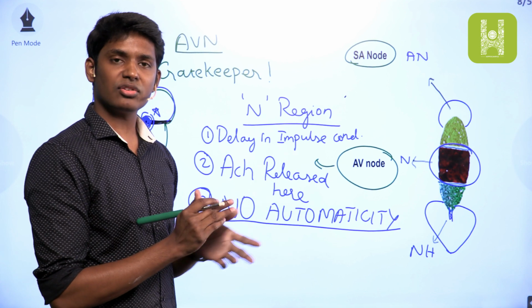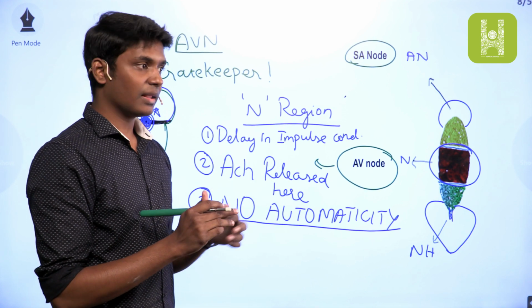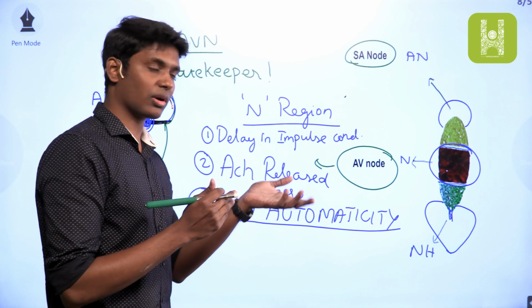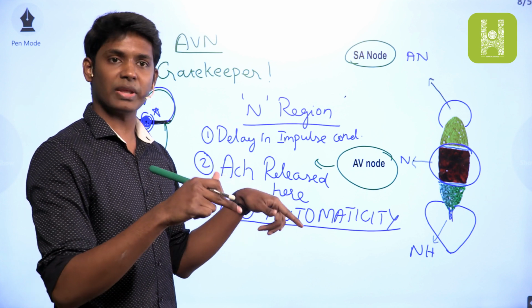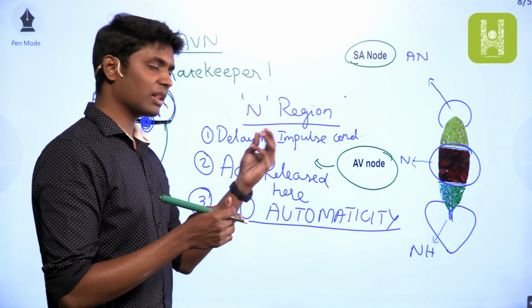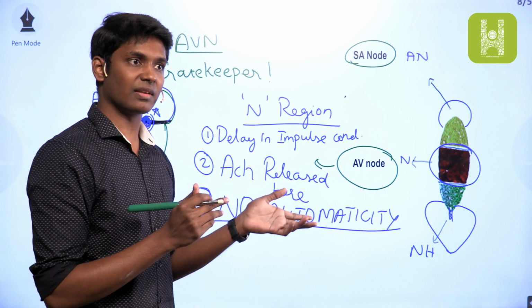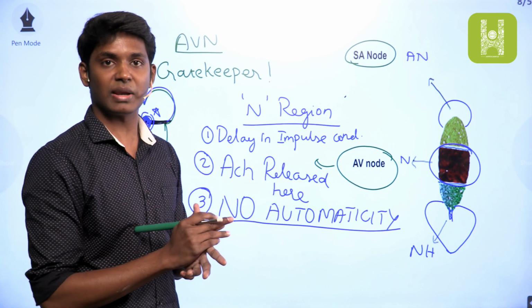So even though the sinus node doesn't produce any impulse, there will be a few other cells from different parts of the heart, like the AV node or the bundle of His or the His Purkinje system, or even the ventricular myocardium or the atrial myocardium. Anything can possess automaticity, and that can become the dominant pacemaker of the heart.